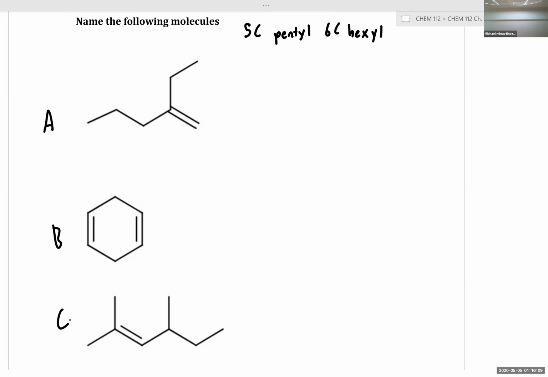And don't be shy to write your proposed name for each of these structures. Or to start off the discussion, you can even try to circle the longest chain using the annotate feature, just so that way we can have a discussion.